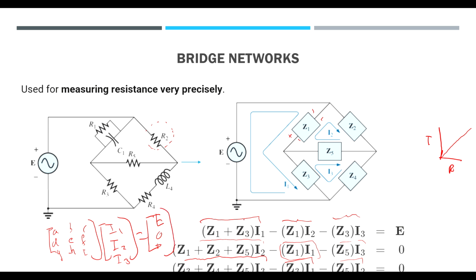Notice that you have to be careful because I1 has to be organized on this column, I2 goes on that column, and I3 goes on that column. So you have to do some rearranging of terms so that I1 goes where it's supposed to go. Other than that, you just solve the system of equations like we have been doing.